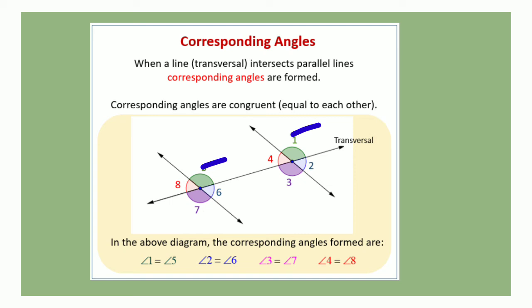Angle 1 and angle 5, angle 2 and angle 6, angle 3 and angle 7, and finally angle 4 and angle 8. All these pairs are called corresponding angles, and they are equal. So angle 1 equals angle 5, angle 2 equals angle 6, angle 3 equals angle 7, and angle 4 equals angle 8.